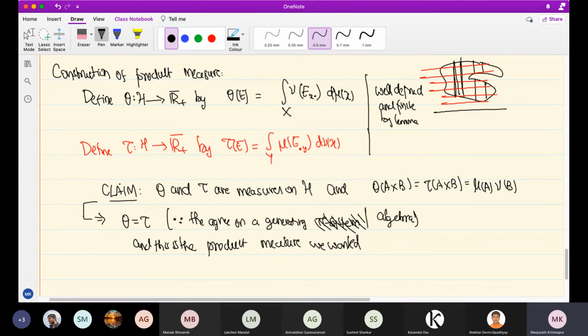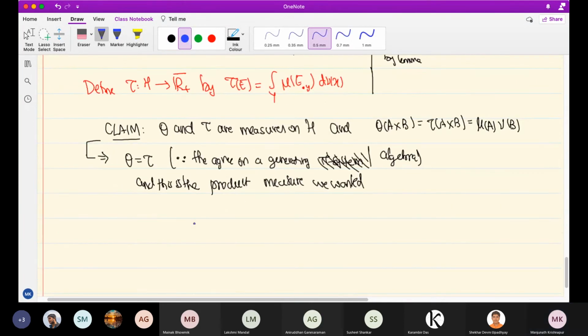Why this claim? Proof of the claim. Let's prove the claim. Enough to do it for theta; tau will be identical, the proof will be identical.